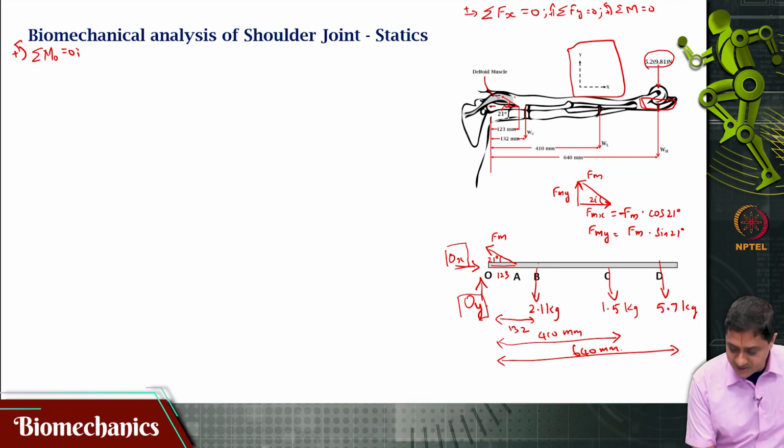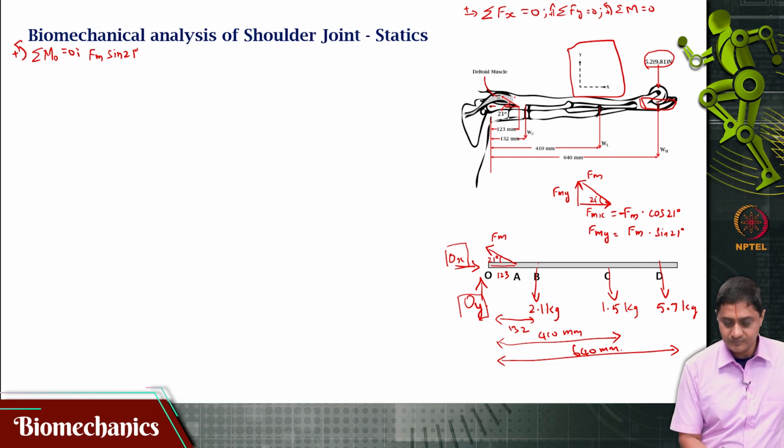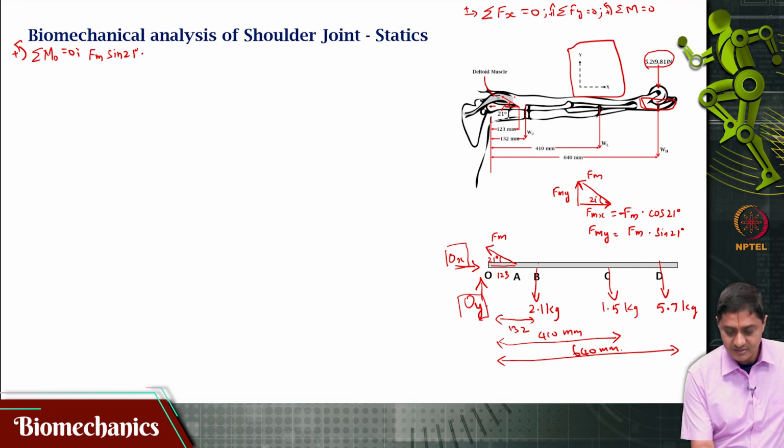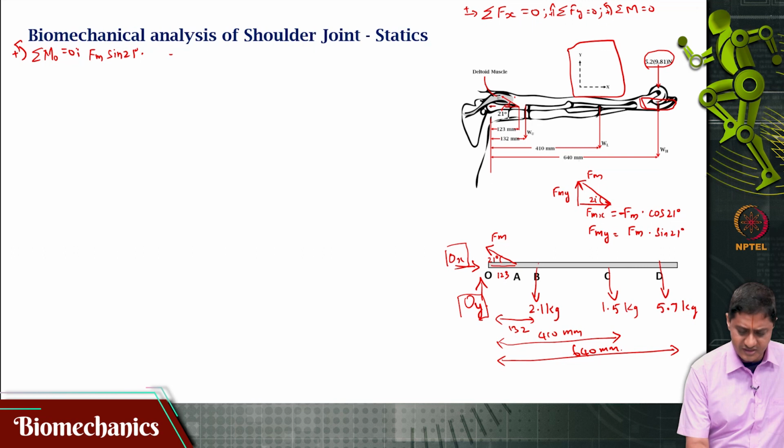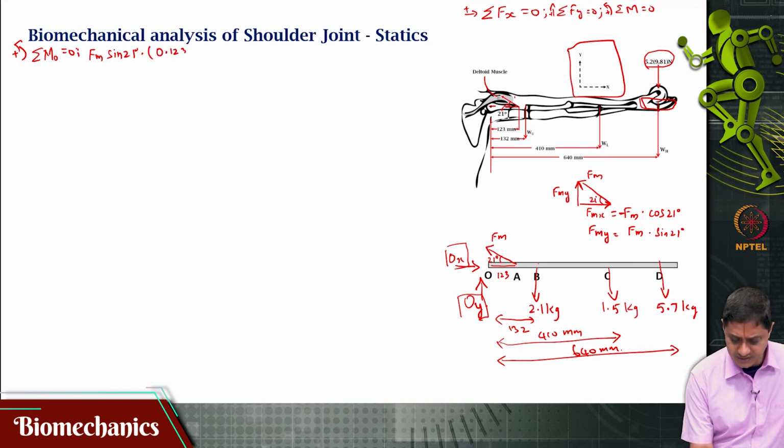So, I will start out by writing Fm sin 21 times 123 by 1000. Why is that? Or rather 0.123, 123 mm times 0.123. What is this?